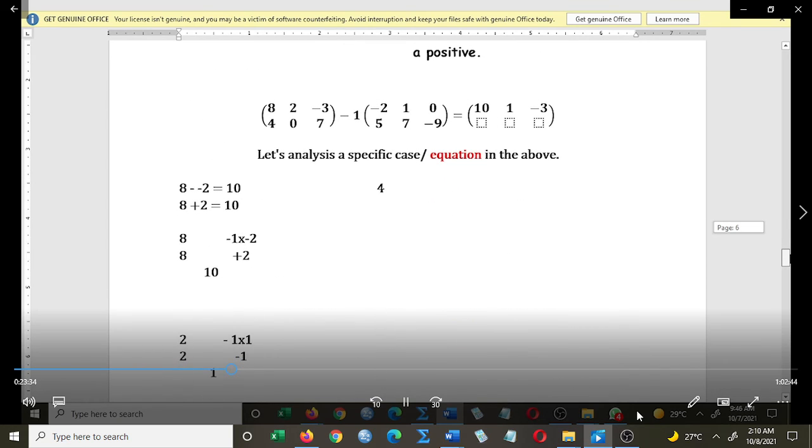What I thought is that at the beginning I thought we were multiplying the brackets. No, the brackets are the manner in which a matrix is represented.